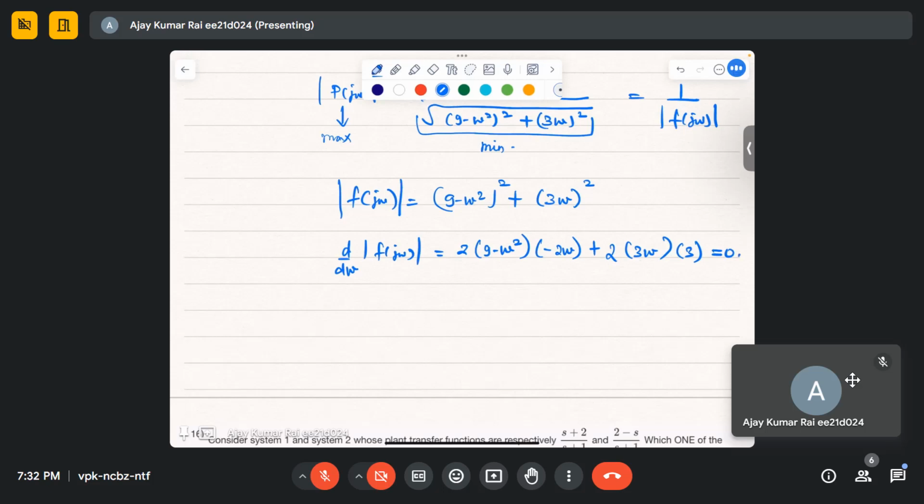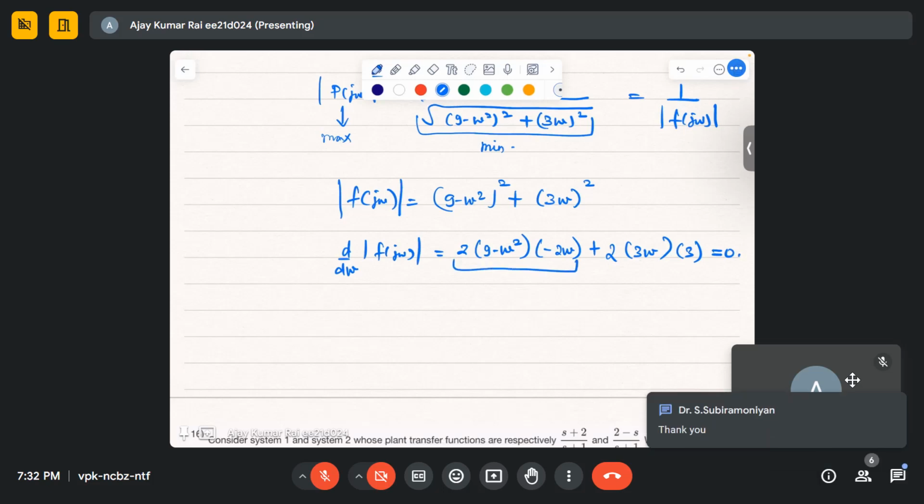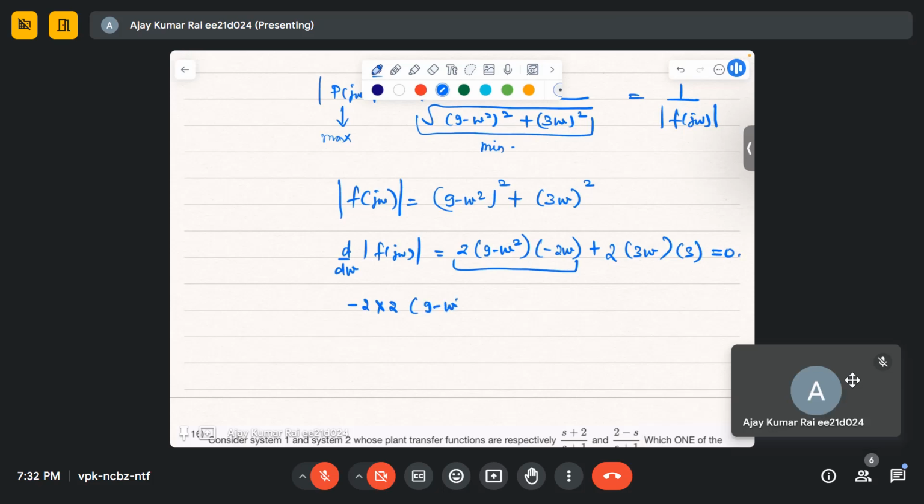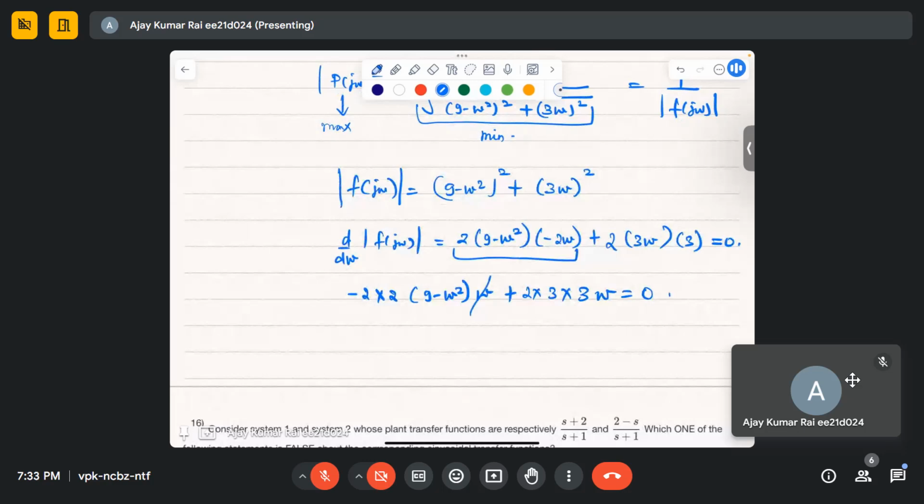Let's find out at what frequency this is equal to 0. It's 2 into 2, 9 minus omega square, into omega, plus 2 into 3 into 3 omega equal to 0. If you just cancel this, you'll get omega equal to 0.